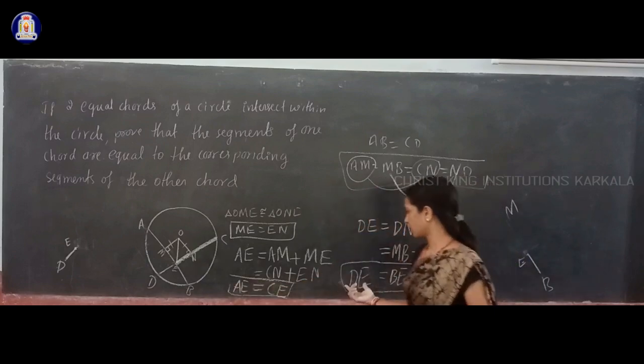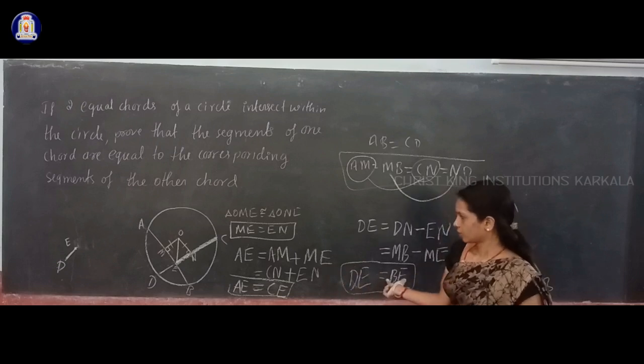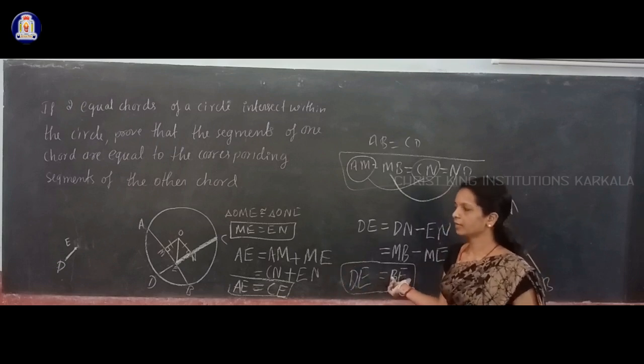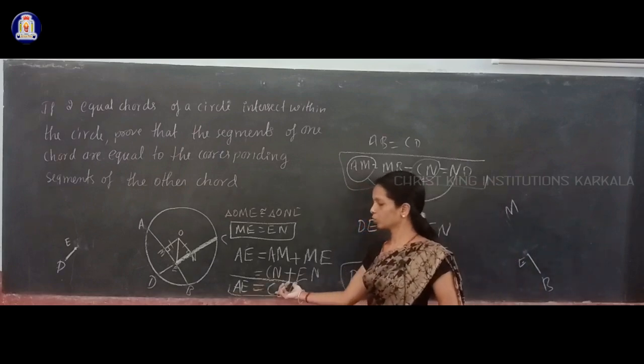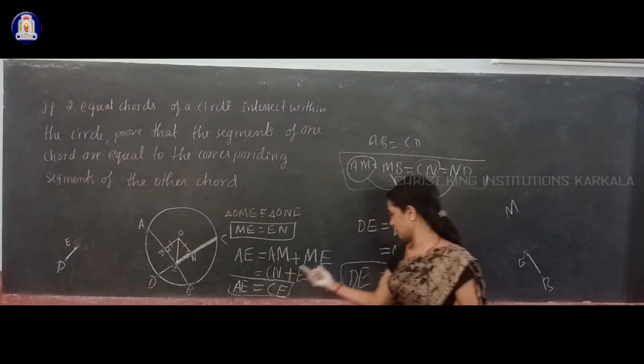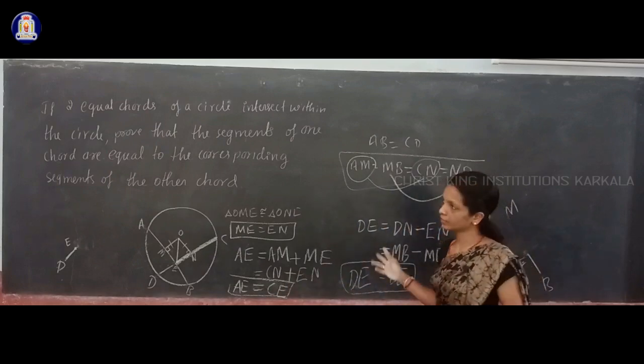AE and BE are the segments of the chord AB that are equal to the corresponding segments CE and DE of the other chord CD that we proved.